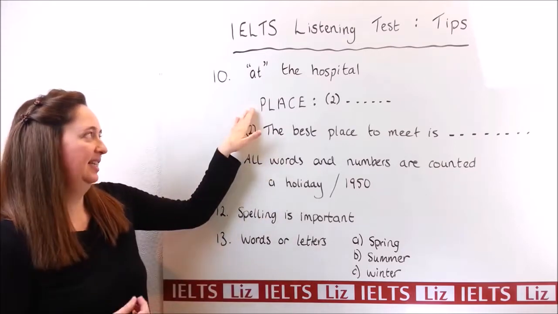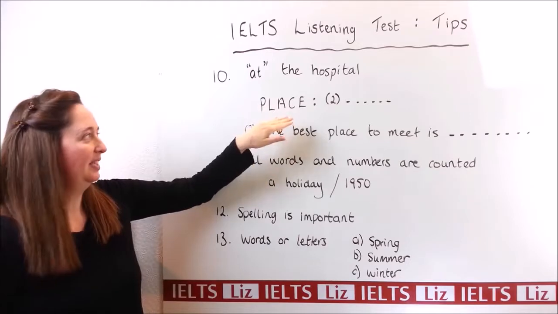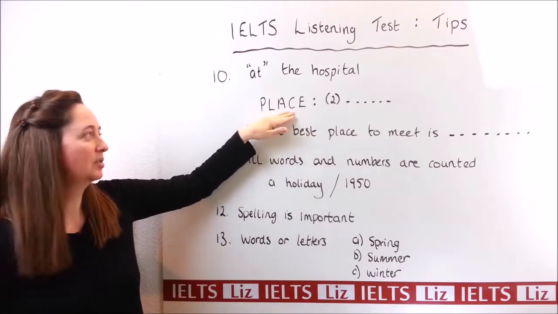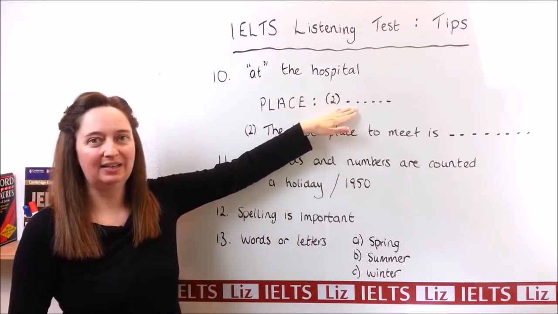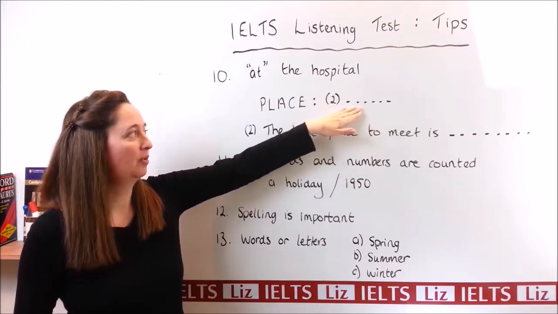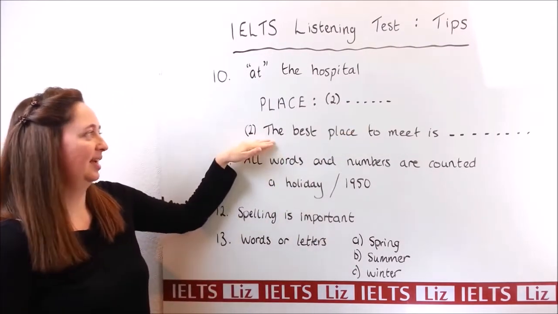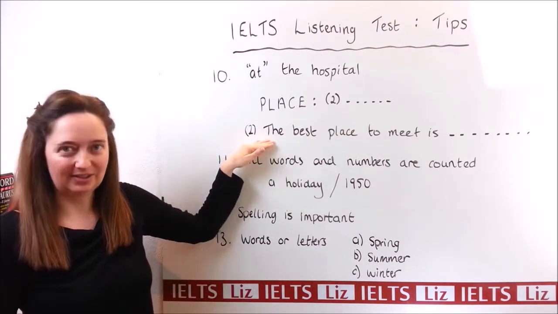Now you can see here, this is an example of a question from a form. They tell you the type of information they want, and you write your answer here, and it can be just 1 word. So it would be possible to write just hospital. But if we look at this example, you can see it's a sentence.